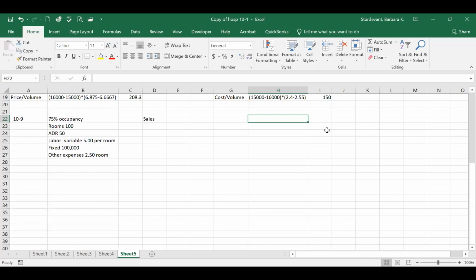The 100 rooms times 75% occupancy times the $50 ADR times 365 days. Okay, thank you.